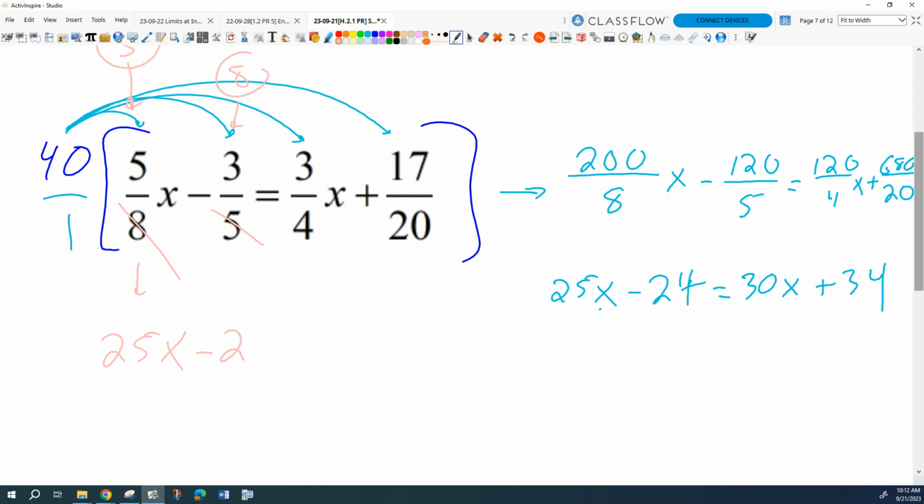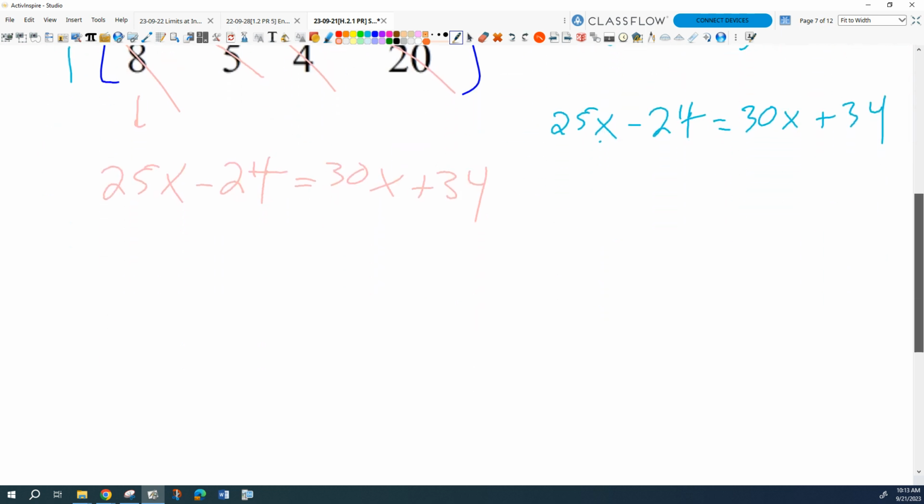So I get minus 24. 40 over 4, 10 times 3, 30x. 40 over 20, 2 times 17. How much easier is that, right? Way easier. Okay, so when you're clearing fractions, reduce first and then multiply by the numerator. Way easier, okay?